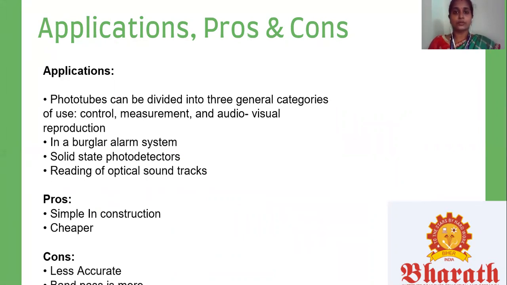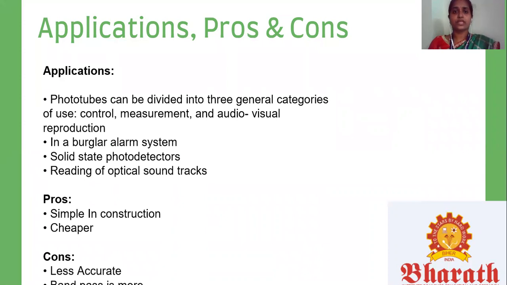Under control, the light sensing applications include burglar alarm systems, automatic door openers, and traffic light controls. Measurement functions include the use of color temperature pyrometers, while audiovisual reproduction applications include theater sound systems and pinball games.